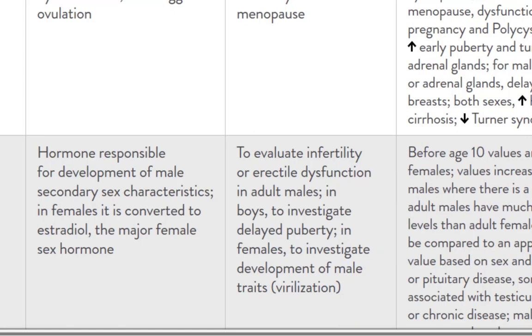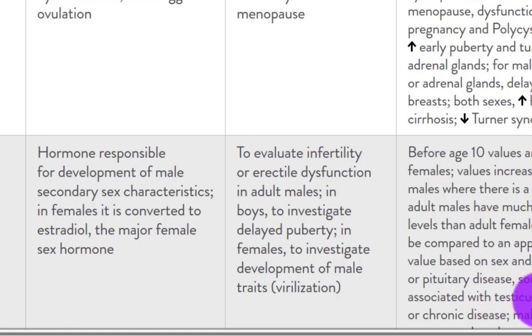Values are similar in males and females. Values increase with age, especially in males, where there is a drastic rise at puberty. Adult males have much higher testosterone levels than adult females. This result must be compared to an appropriate reference value based on sex and age.